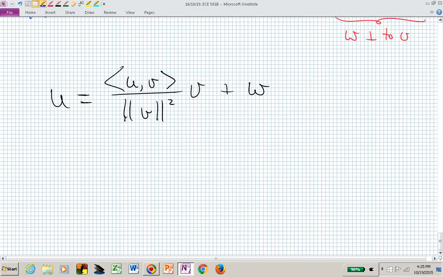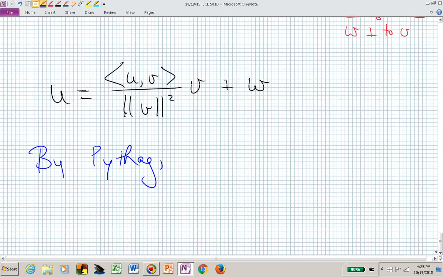Now that we have this, we can use the Pythagorean theorem to find a relationship for the norm squared of u. Meaning, if we had u, that's the same as the norm of av plus w, squared, by how we've written u.